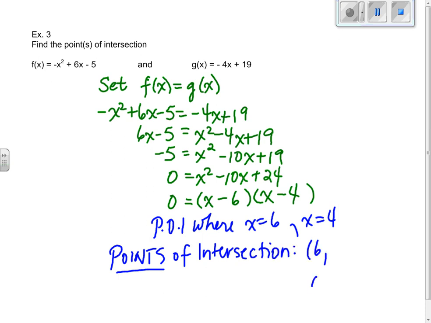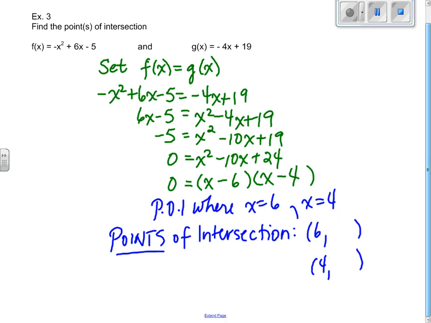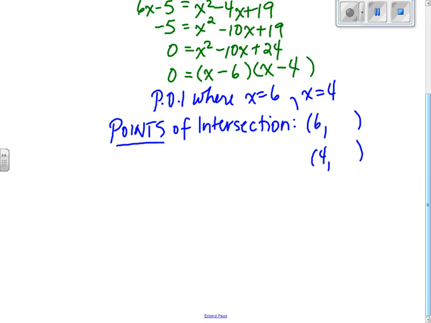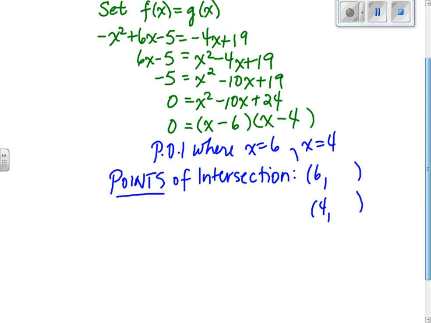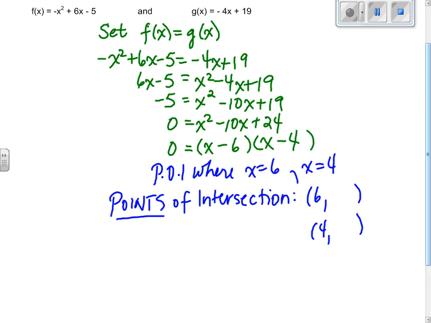The other has an x value of 4. And to get the corresponding y values, I would need to substitute x equals 6 into the equation of the line or the parabola, and I'm going to substitute x equals 4 into the line or the parabola.